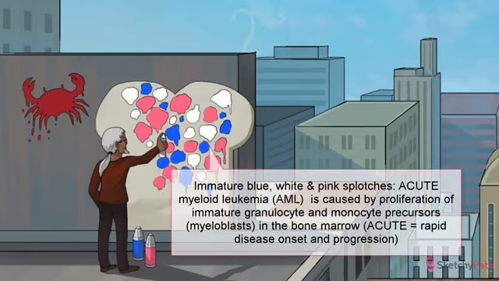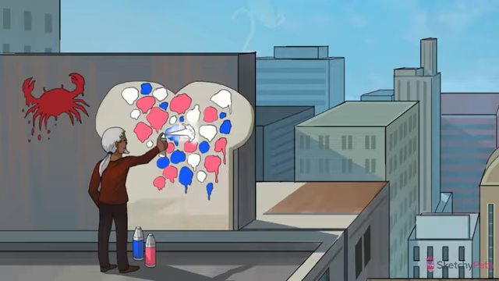Acute myeloid leukemia, or AML, is caused by a somatic mutation in a bone marrow stem cell, specifically a myeloid stem cell. This cell gets stuck in the myeloblast stage and starts to proliferate like crazy, filling the marrow and blood with millions of immature myeloid progenitor cells. To remember myeloblasts specifically, think of these blasts of spray paint made by this urban artist.